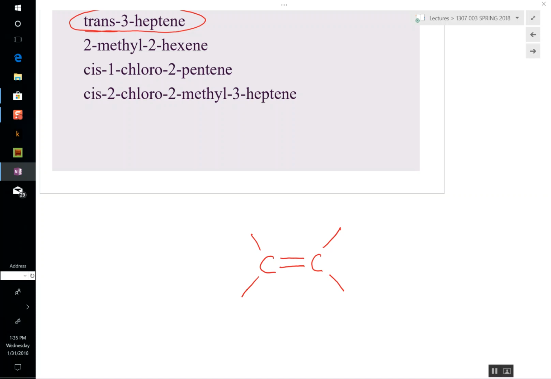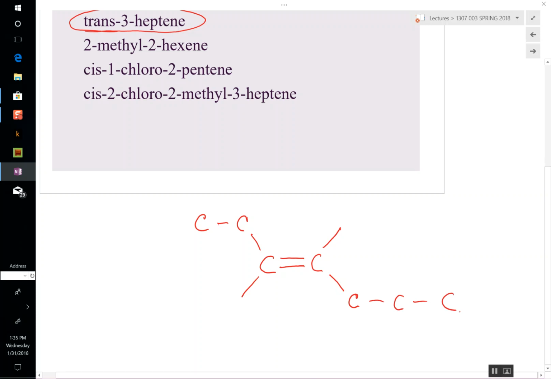All right, so I'm starting right there. It's 3-heptene, so there's carbon number 3 right there. Here's carbon number 2, and there's carbon number 1. So I only have 4 carbons. How many do I need? 7. It's trans, so I'm going to continue my chain here. So I've got 1, 2, 3, 4, 5, 6, 7.